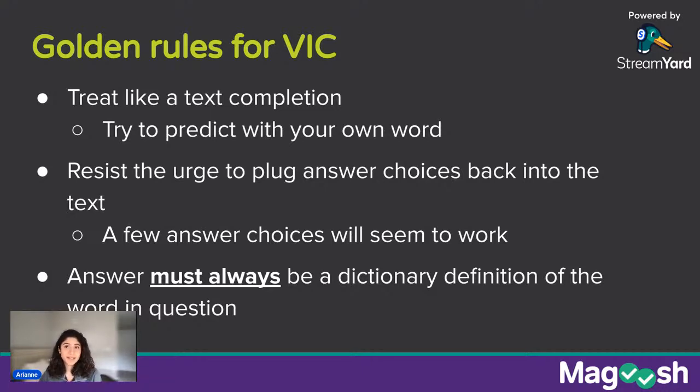Now, the biggest challenge here and the mistake that most students make is reading the answer choices and plugging them back into the passage. Why is this a mistake? Why is this so dangerous, I would say?